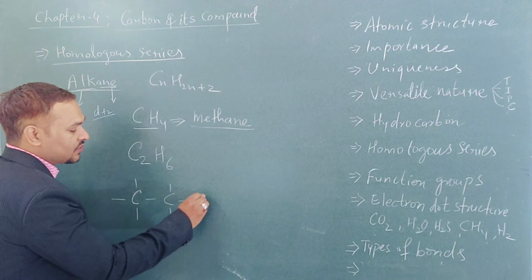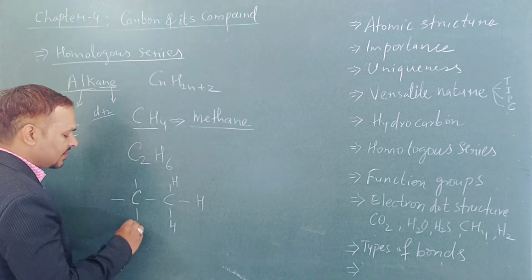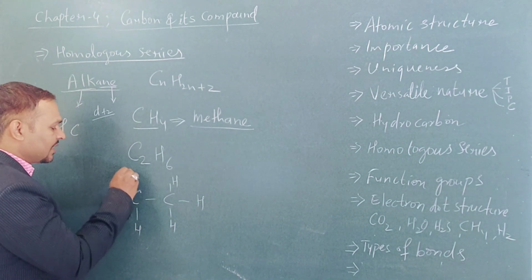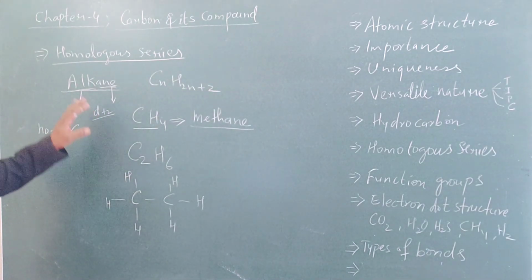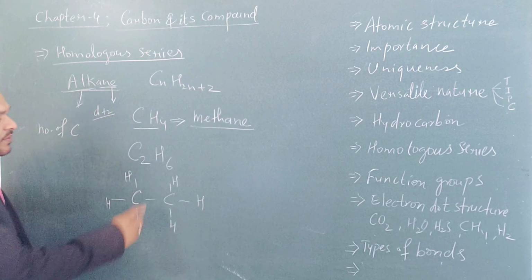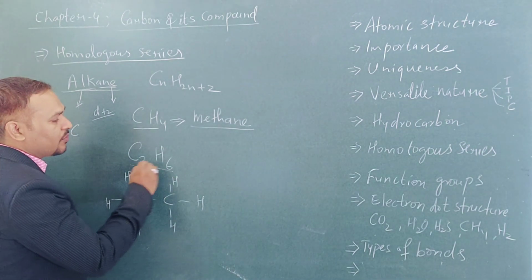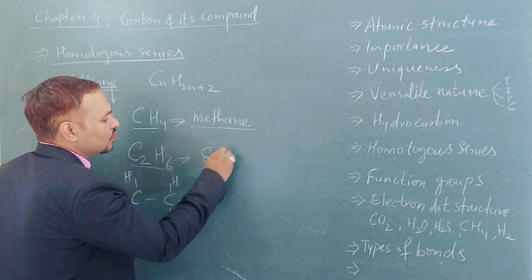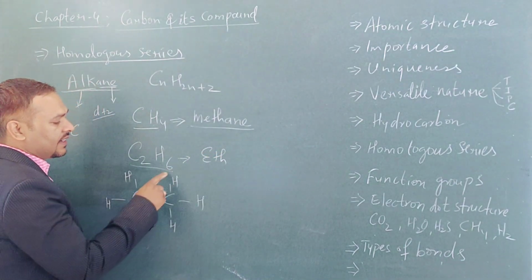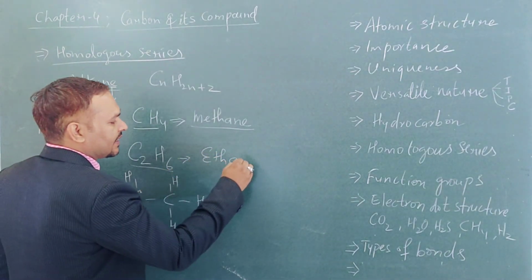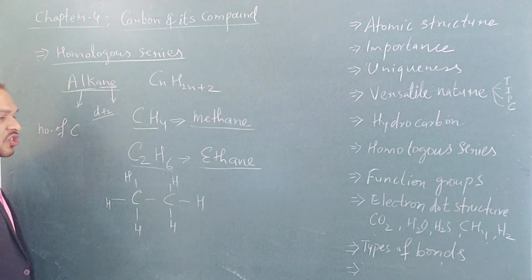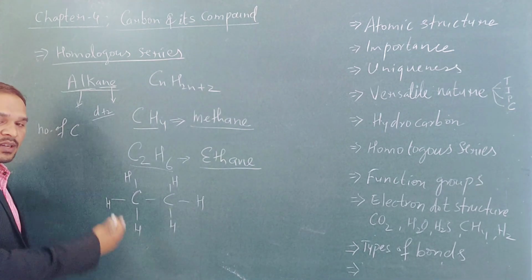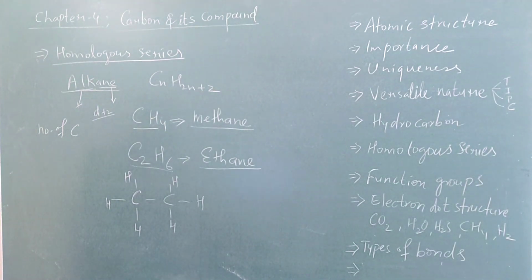And in each valency you can add hydrogen. Very simple, because we are studying alkane. Alkane, there is no double bond, that is why it is a saturated compound. So the name of this compound, since it has 2 carbon, the root word is eth, and double plus 2, then ane, that means ethane. Similarly you can practice up to 10, right?